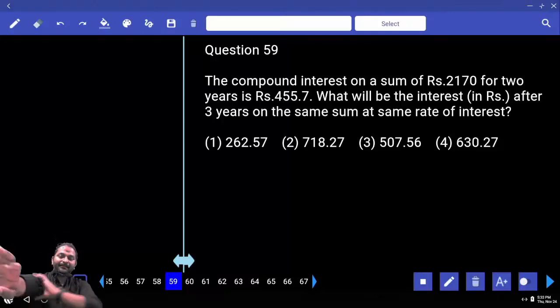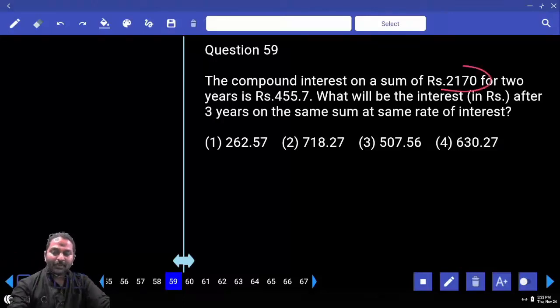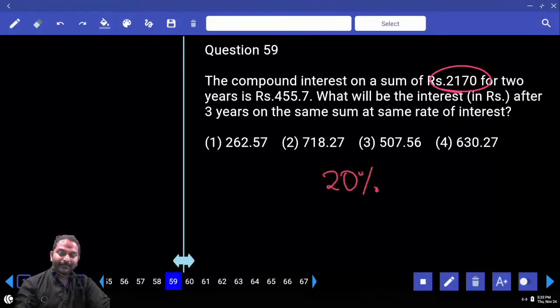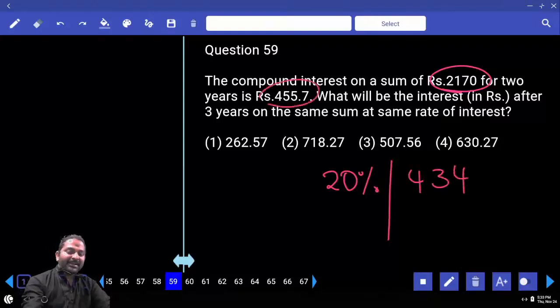Come on everybody. So now 2170. What is 10% of it? 217. What is 20%? 434. But our interest is a little bit more than 434.